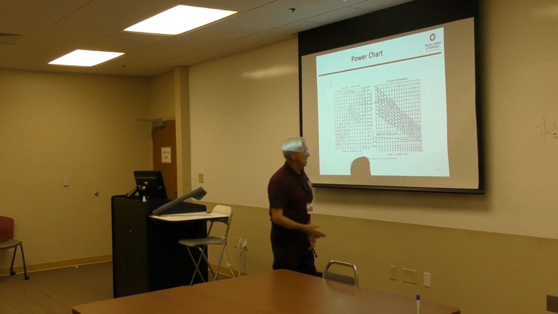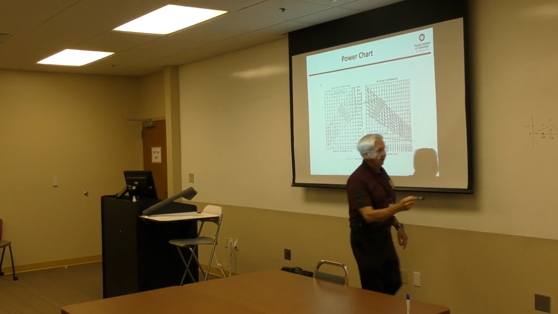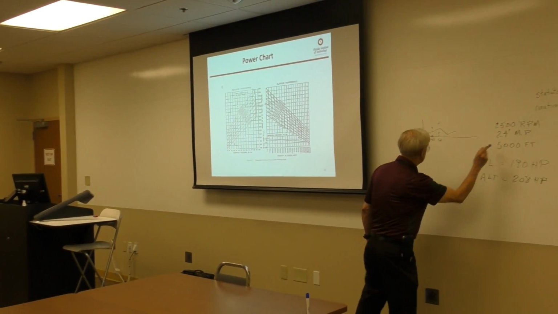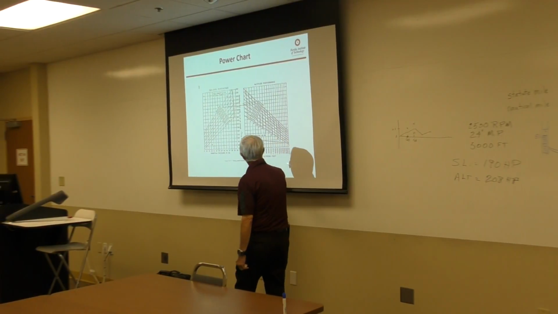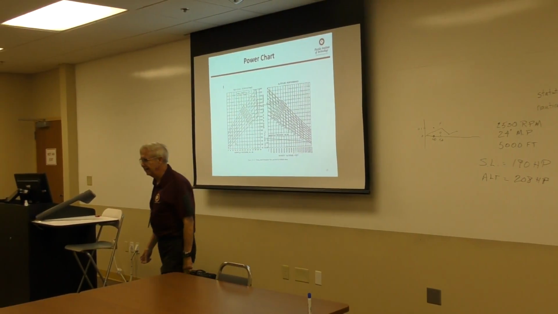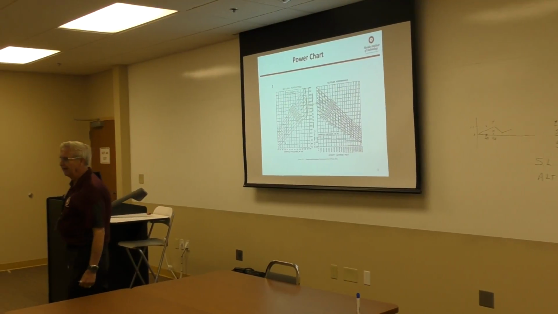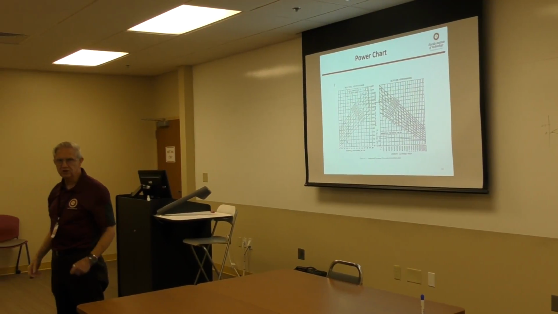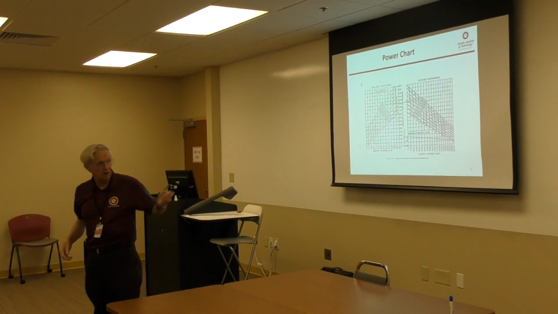And then go in at 5,000 feet down here and go straight up until you intersect that line. And that is the horsepower that you are developing at that combination.